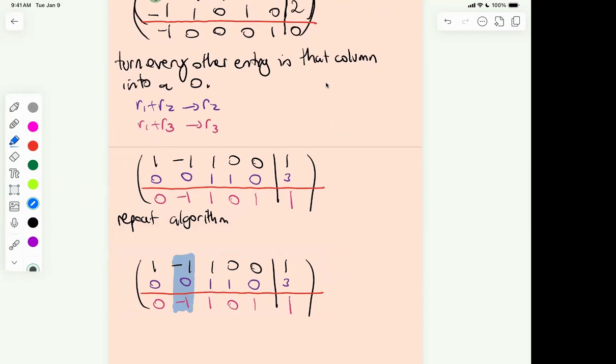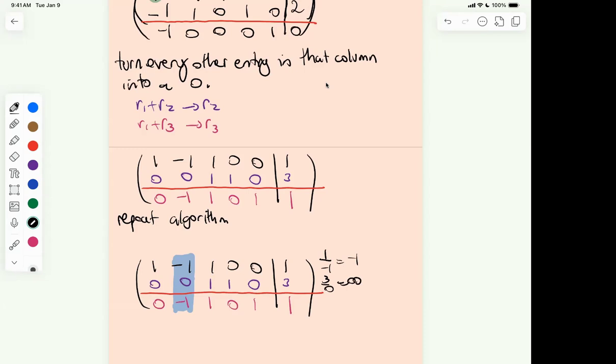And again, you had to choose in this column one of these two entries, right? But in order to decide which of the two entries you choose, you look at the ratios. The ratios are 1 over -1, which is -1, and then 3 divided by 0, which is infinity. That's one way to think about it. But the condition is to choose the smallest positive ratio.